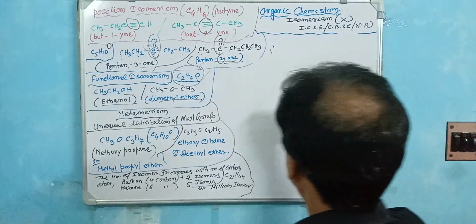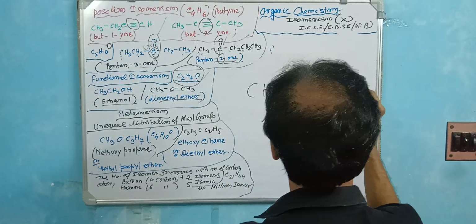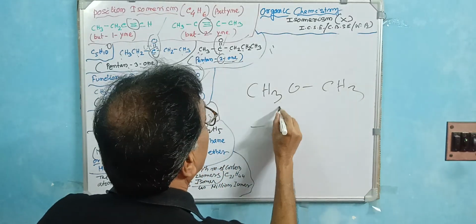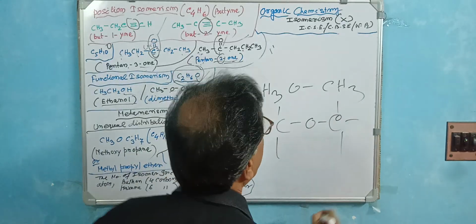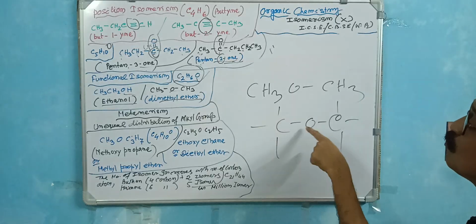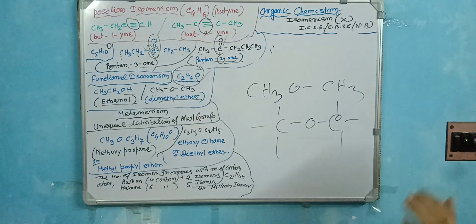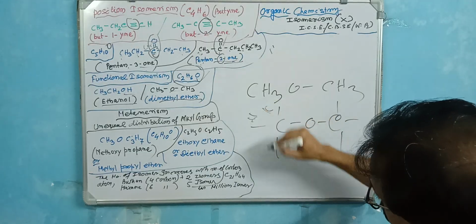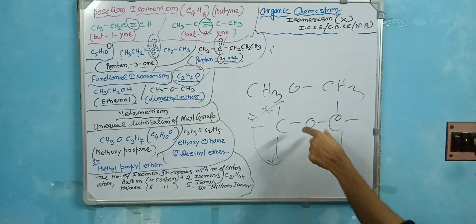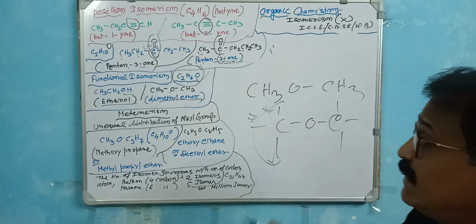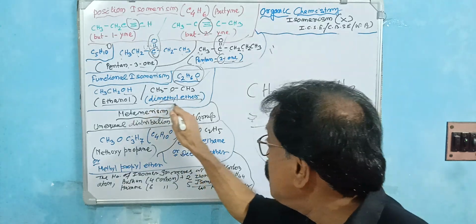Here, suppose this is CH3, O, CH3. Carbon has 4 bonds, oxygen has 2 bonds. So this is H, H, H: CH3, O, and CH3. CH3 is the methyl group. So this is dimethyl ether.